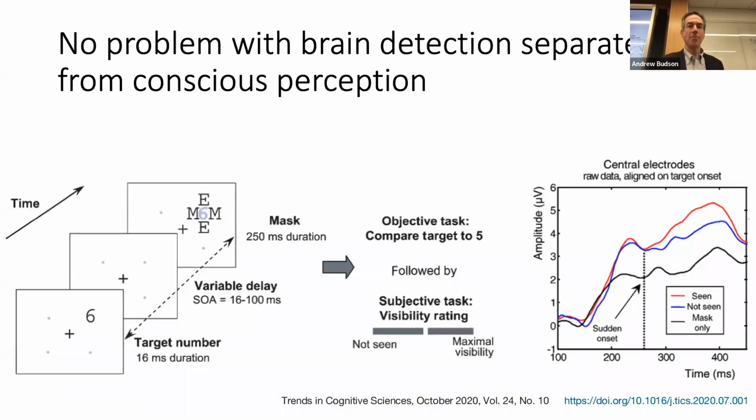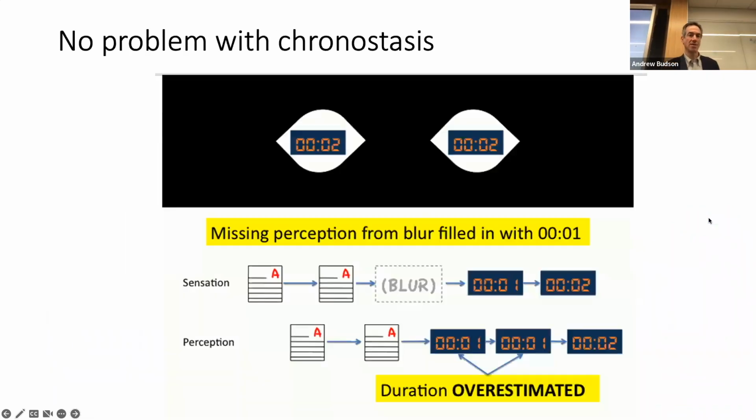It's no problem that there's a distinction between the actual bottom-up sensory processes that are happening shortly after 200 milliseconds and the conscious perception that's occurring between 300 and 400 milliseconds.